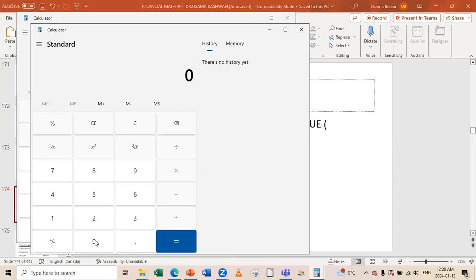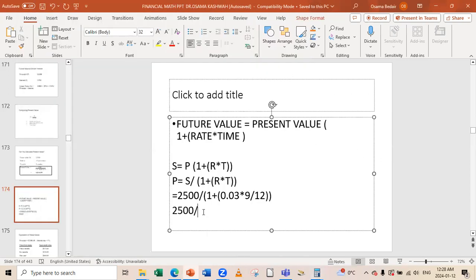That will be 0.03 times 0.75. That will equal this amount. Then we add to it plus 1, and that will equal this amount, 1.0225. So this amount all will be like this way, Control and C, then go here, Control and V.